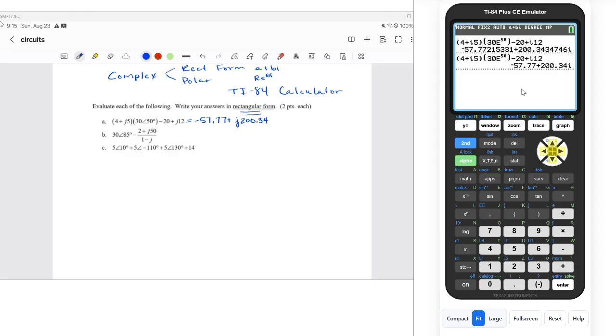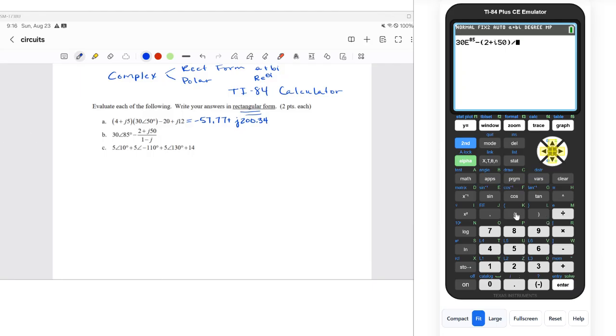All right. We're going to move on and do this next question for B. So we'll clear out our calculator, and it starts out with it in polar. So we're going to do the 30, and we're going to use our little shortcut here where we do alpha E, and we're going to raise that to the angle, which is 85. And then minus, well, let's see, I got to get out of that exponent. So minus, and then I want to do parentheses so I can keep my numerator together. 2 plus I 50.